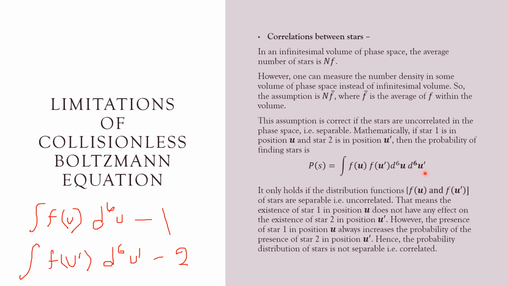This correlation between stars introduces complexities that cannot be captured by the traditional collisionless Boltzmann equation. The assumption of uncorrelated stars leads to inaccuracies in modeling the dynamics of systems, particularly in dense environments such as star clusters and galaxies. Thus, it's essential to recognize and account for these correlations when applying the collisionless Boltzmann equation to real astrophysical systems.